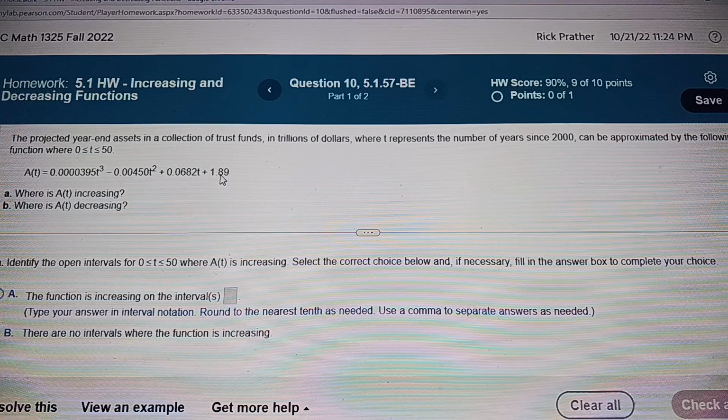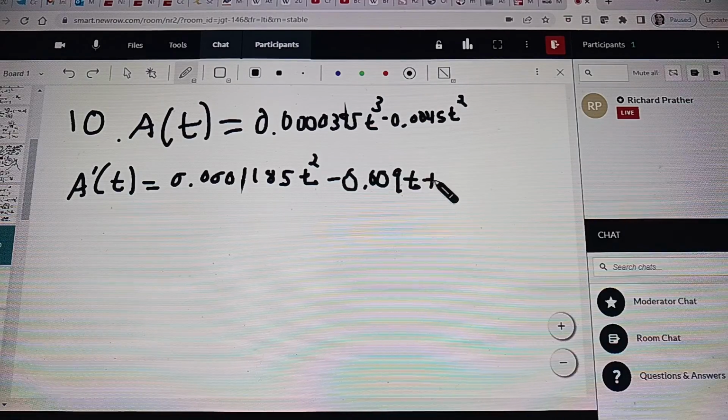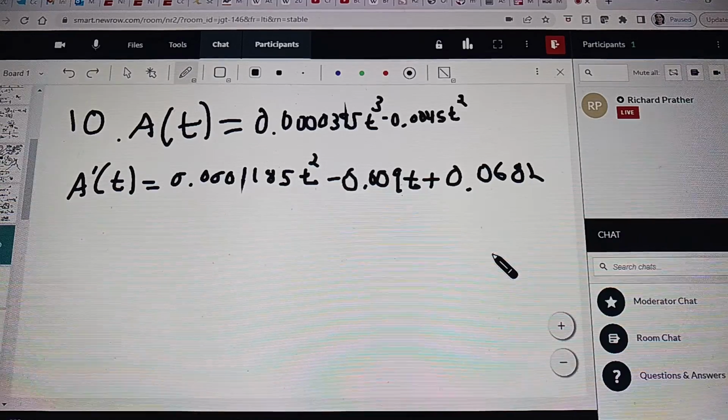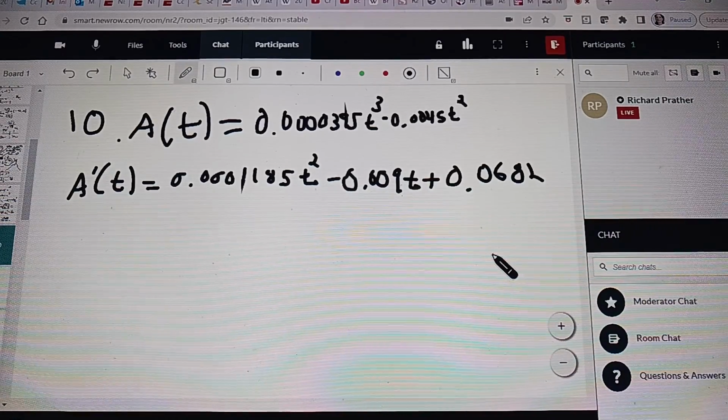And then the derivative of this is nothing. So I just have to add a 0.682 to the end of mine. It's a messy decimal polynomial, but it is a polynomial. Polynomials are never undefined, so I don't have any critical numbers coming from undefined locations.